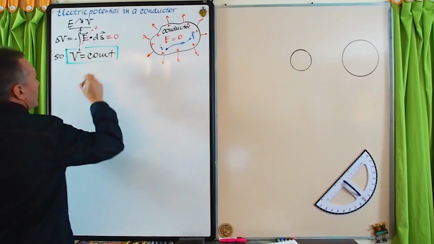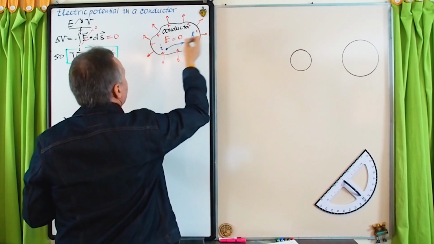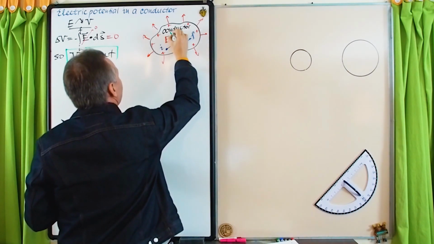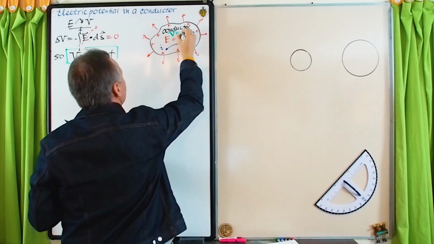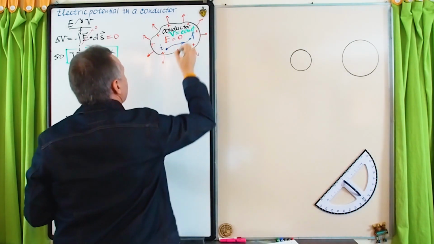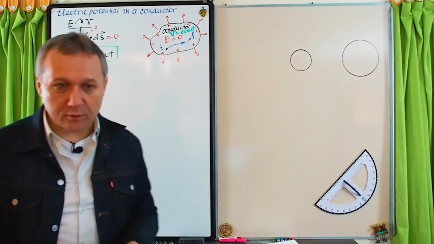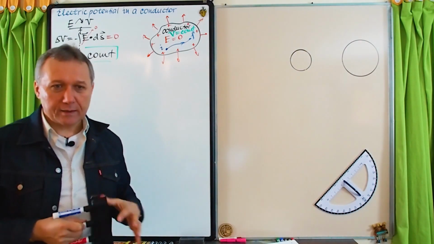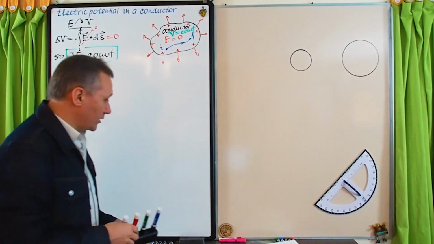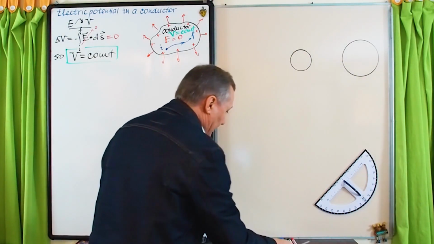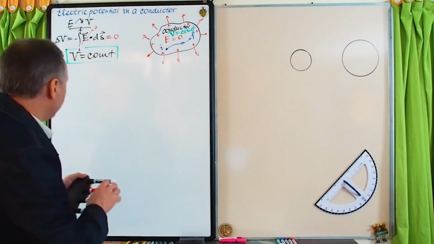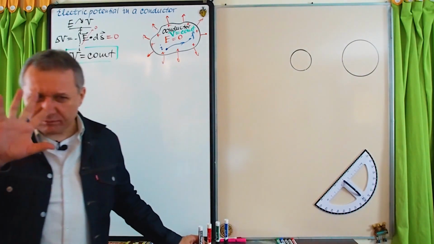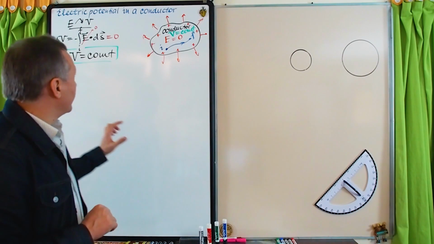So V equals constant. And now I can add, I should have left some space, so electric potential equals constant. That's what we need, and we are going to use it from time to time, so we need to remember that electric potential inside of the conductor in electrostatic equilibrium is constant. Okay, so that's what we need, and just a small additional piece of information.